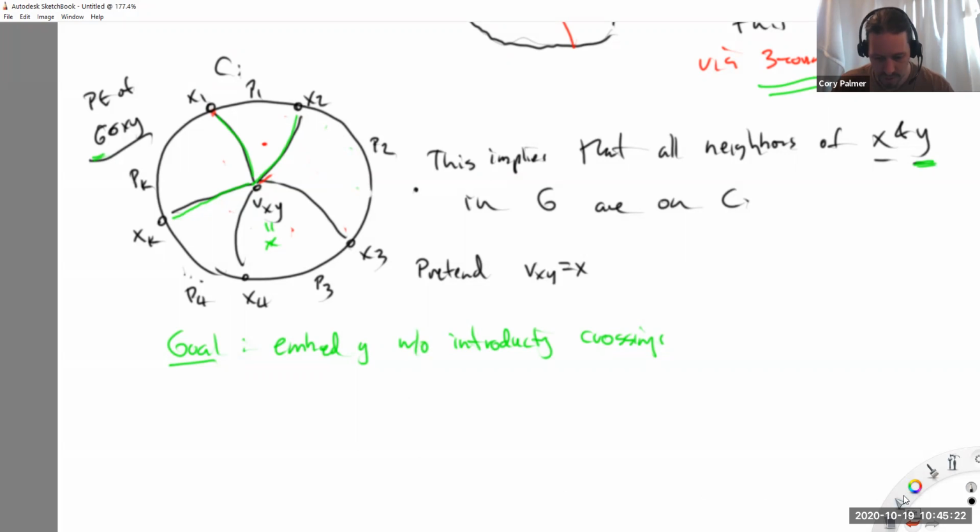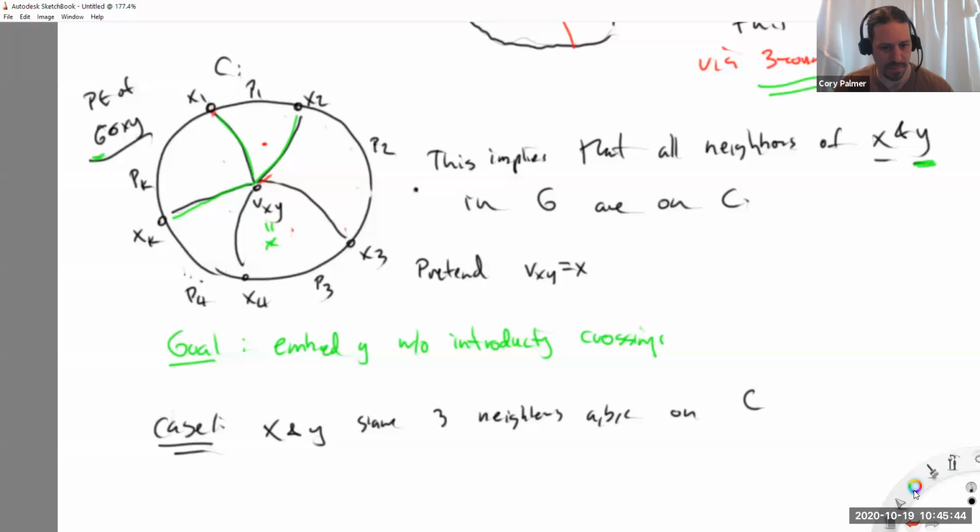Okay, so I want to address some cases here. So case 1, these cases are in different order than in the notes. Doesn't matter too much. X and Y share 3 neighbors, A, B, C, on the cycle.